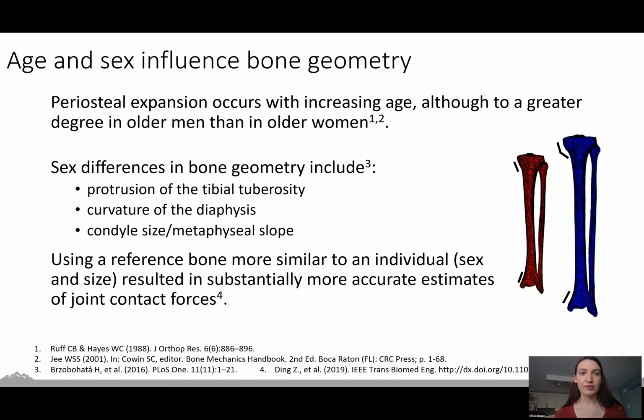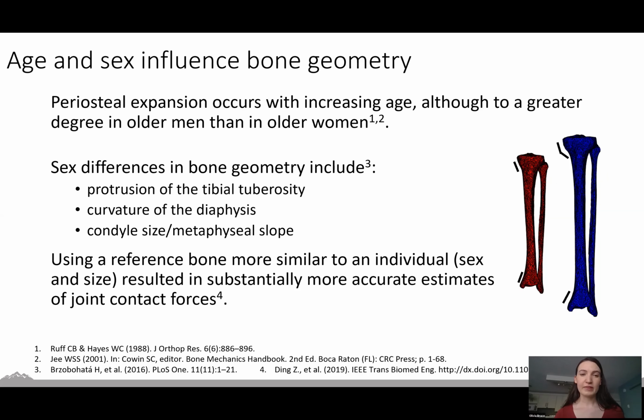Some of these variations could be related to factors like age and sex. As an example, periosteal expansion occurs over time and with age, and there's also some evidence to suggest that it occurs to a greater degree in older men than in older women.